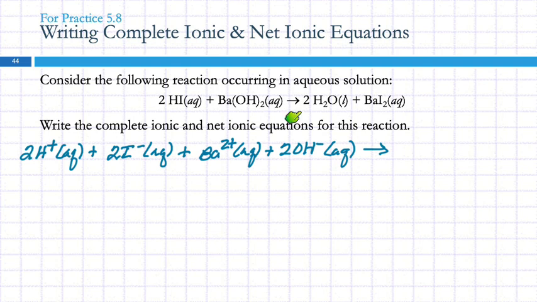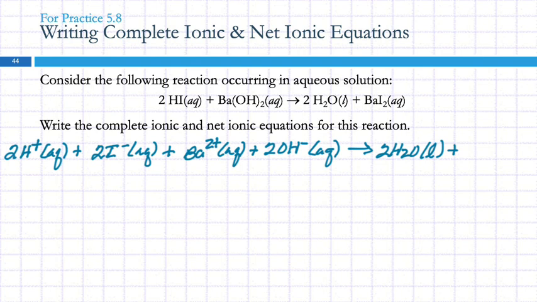And then we have water. This has the phase or state symbol L. Do I split that into ions? No. I'm just going to copy it down. And then what about that last one? Should I separate that into ions? The BaI2? Yeah, because it's an ionic compound, right?